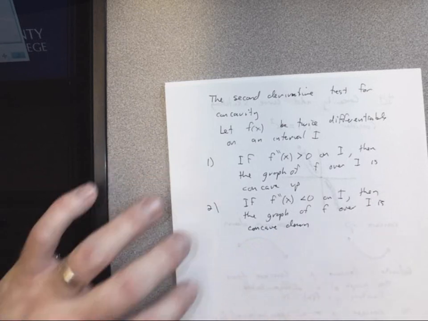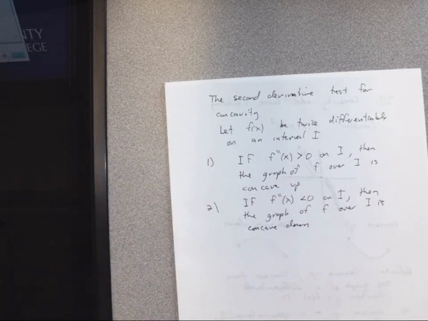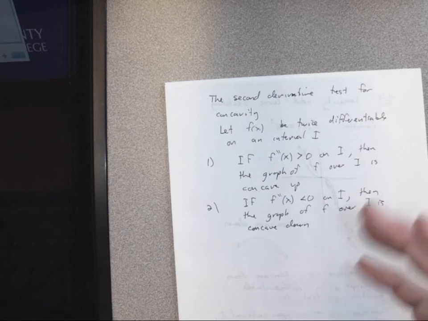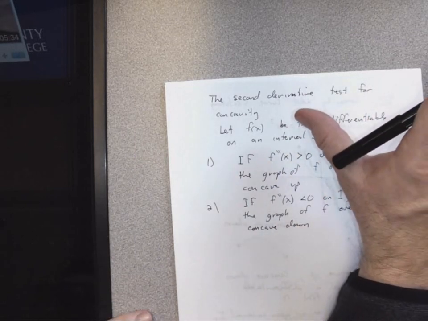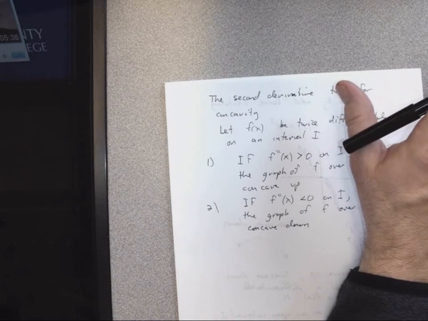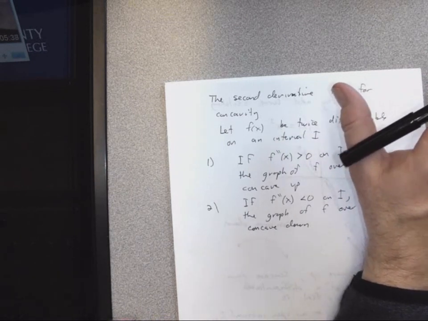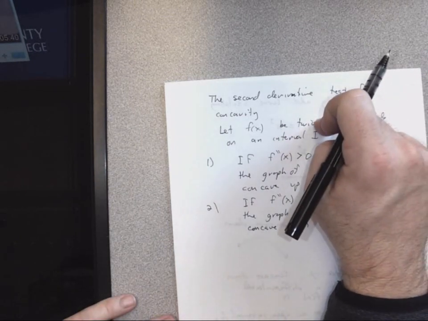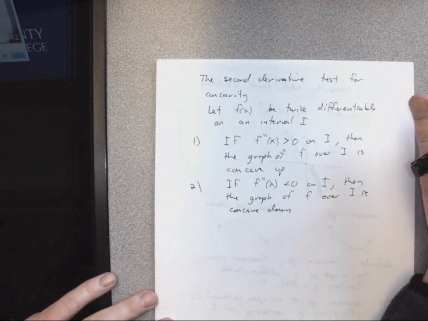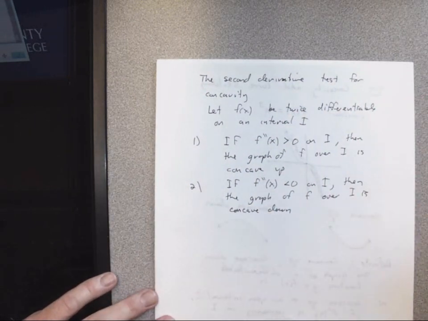What we're testing is whether the derivative is actually increasing. The way you test whether the derivative is increasing is you take its derivative, so that's why we're taking the second derivative here.